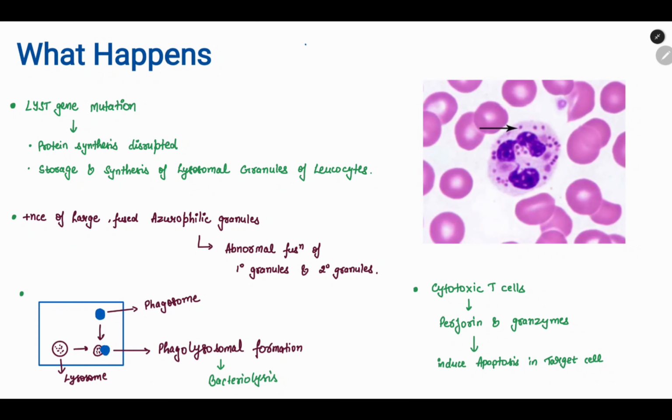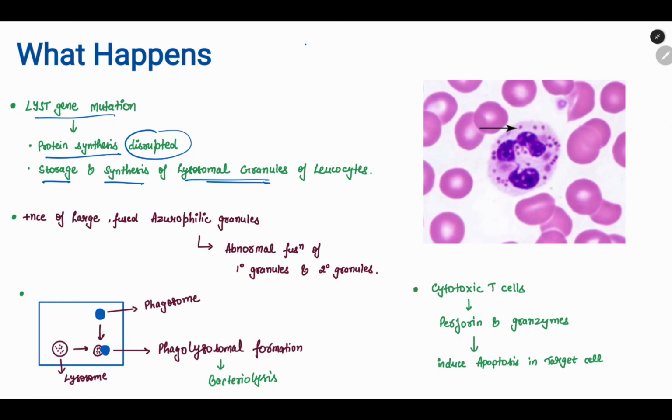Now let's discuss what happens in Chediak-Higashi syndrome. As we know, there is a mutation in the LYST gene, due to which protein synthesis is disrupted, and along with it the storage and synthesis of lysosomal granules is also affected in leukocytes, as well as in melanosomes of melanocytes and dense bodies of platelets.